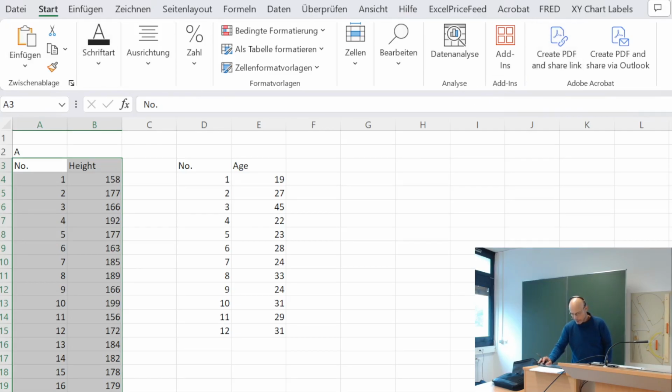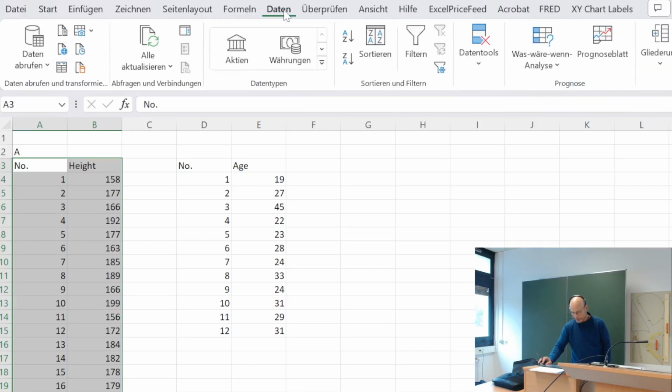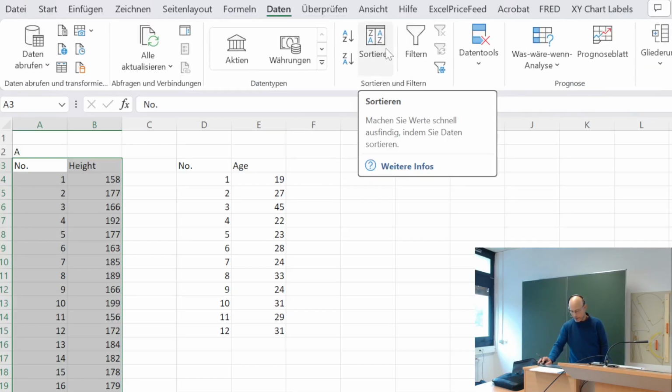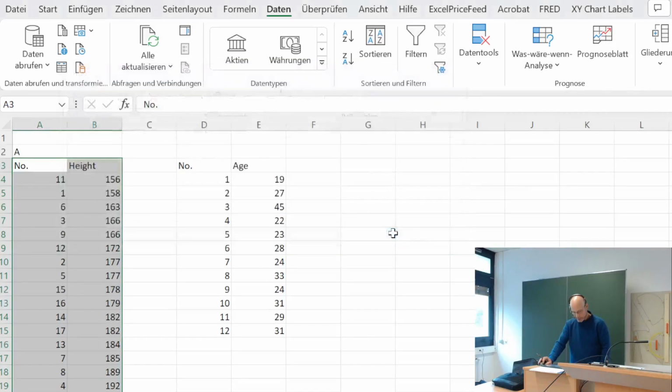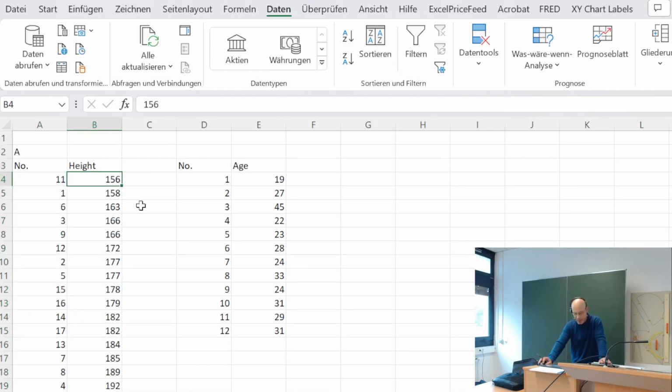So then go to data and then you can sort it by height, increasing. The numbers don't really matter, but now we have the data sorted from the lowest to the highest.